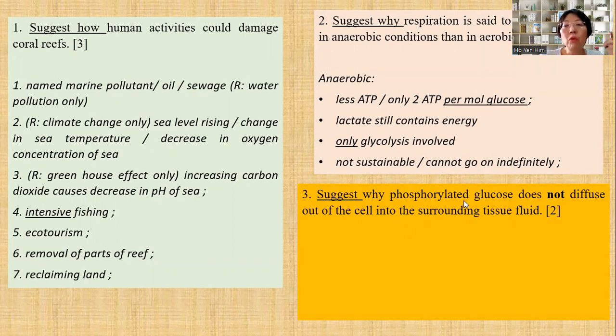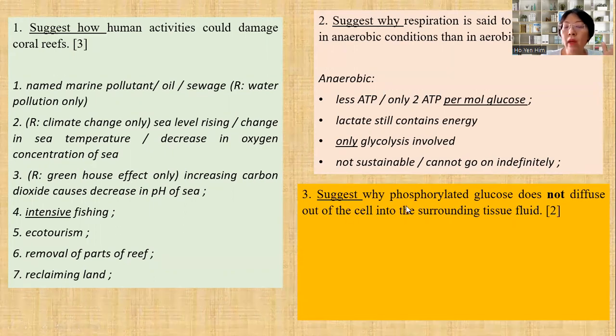And also, you know that the moment you convert glucose to phosphorylated glucose, it will switch on the aerobic respiration, meaning it is quickly converted to other molecules already, right? Fructose bisphosphate, correct? From phosphorylated glucose to fructose bisphosphate, and then it becomes something else. It's quickly converted. So this is applying your basic knowledge to answer the question.